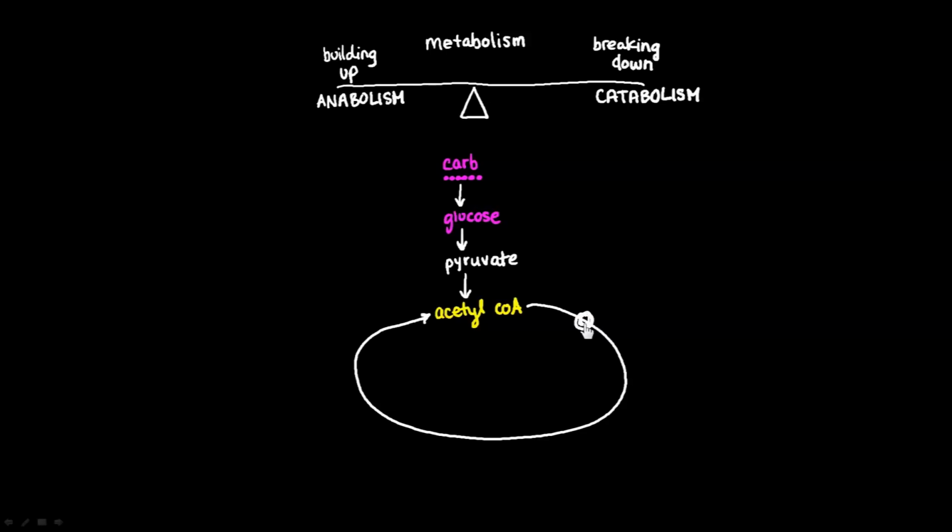We'll put the trampoline there, and then we'll put it over there, and then we'll put it over there. And basically, different chemicals bounce on and off of that little portable trampoline as they're going around this cycle. And this cycle is called the TCA cycle. That stands for tricarboxylic acid cycle, or it's sometimes called the Krebs cycle.